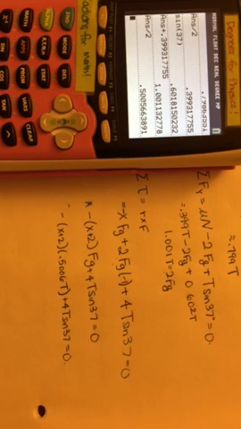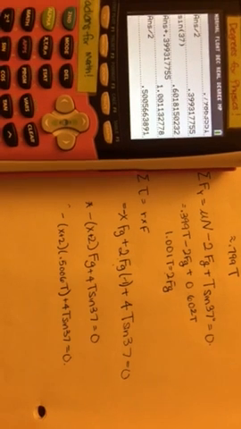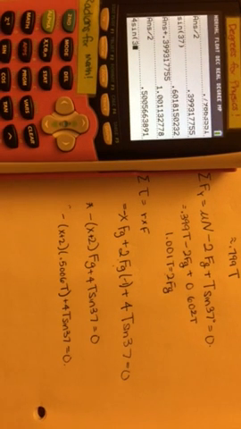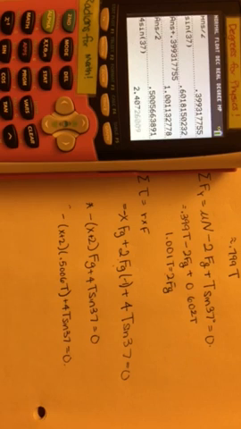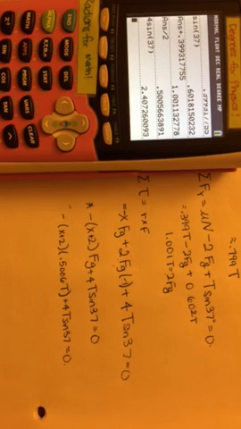Now from here, you can simplify it further because you know what 4 sine 37 is. Can you see this? Yes. 4 sine 37 would give you that.